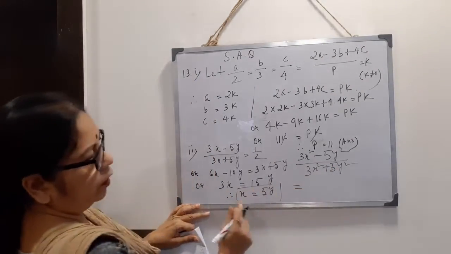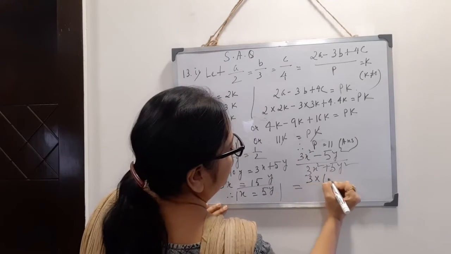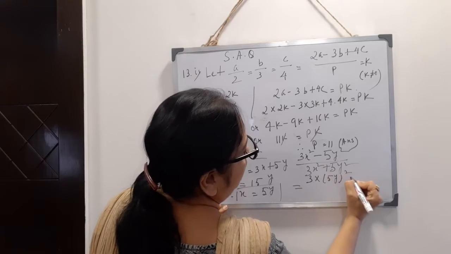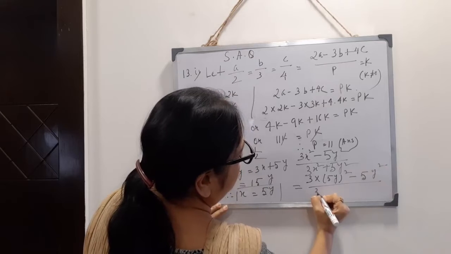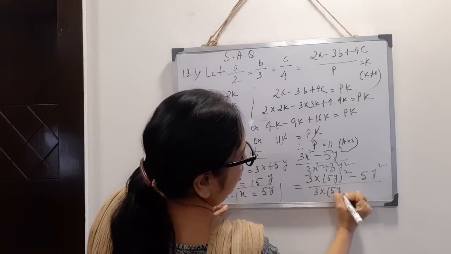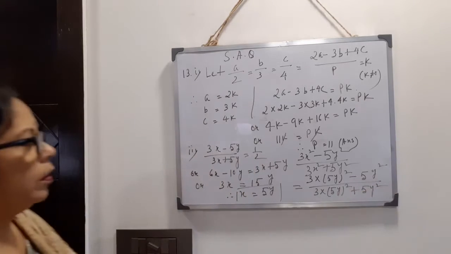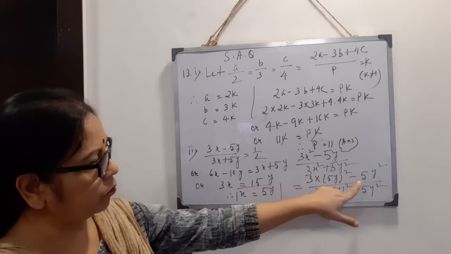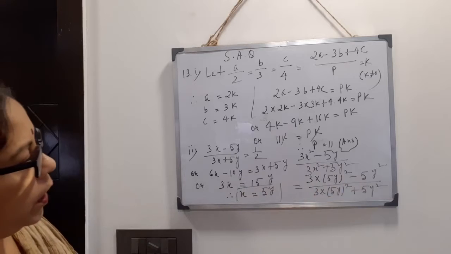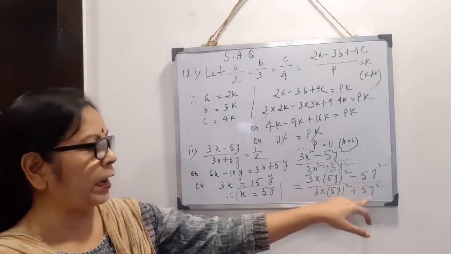Now x equals 5y, which we have got from here, so I am putting 5y whole square minus 5y square by 3 into 5y whole square plus 5y square. So from here, 5 5s are 25, 75y square minus 5y square, that means 70y square, and the denominator 75 plus 5, 80.